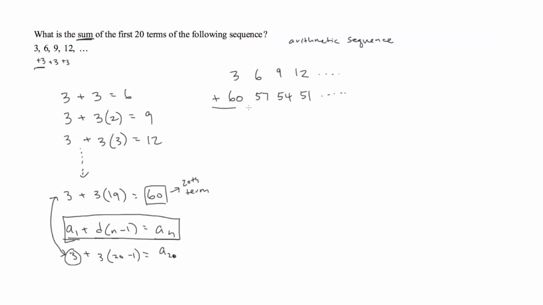Since we're asking for the sum, I'm going to just consider this as one pair. If I consider that as a pair, that would be 63. If I consider this as a pair and add them, that would again be 63. You've probably guessed by now that all of these pairs are going to equal 63.